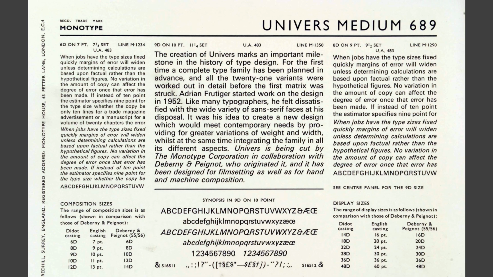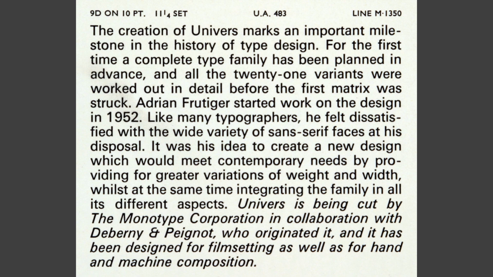This is the hot metal specimen of the new universal type. And as it explains, a whole lot of matrices had to be made to carry the new design into the world of hot metal, but that was already a shrinking one, and that certainly produced a strain on Monotype, who, for that reason and many others, found it very difficult to continue.